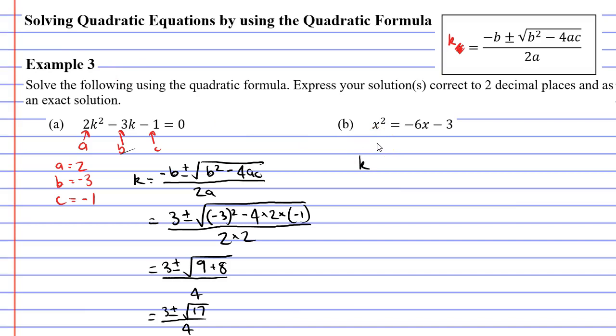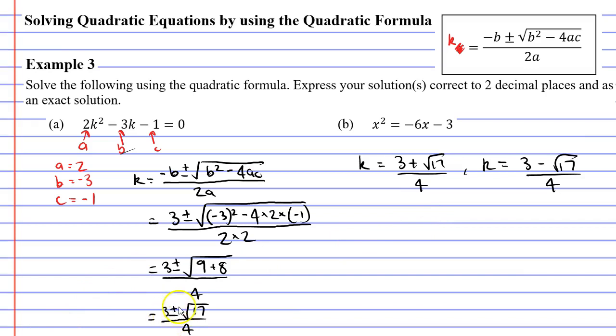So one of the solutions is that we do 3 plus root 17 over 4. Notice that I'm ignoring the minus sign and I'm just using the plus. The other solution is that k is 3 minus root 17 over 4.